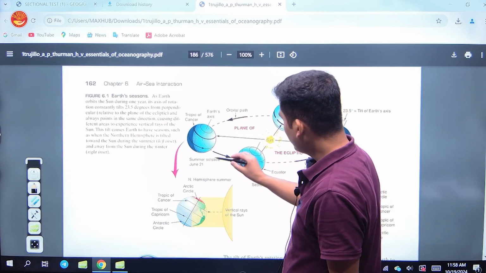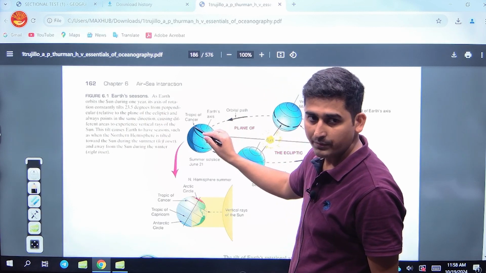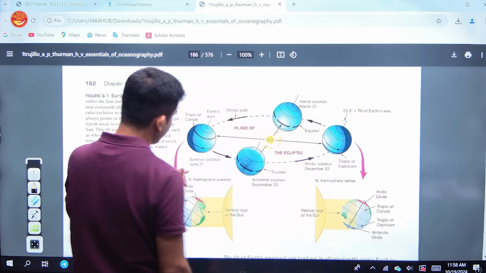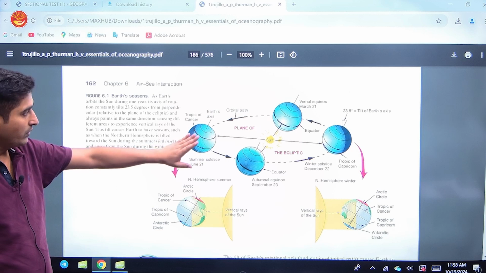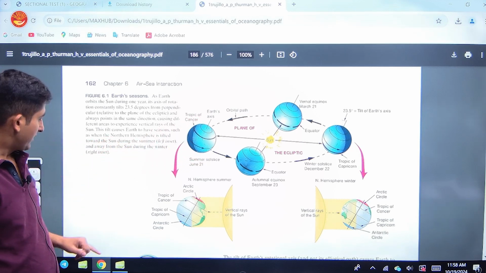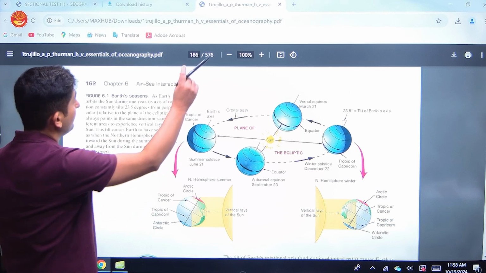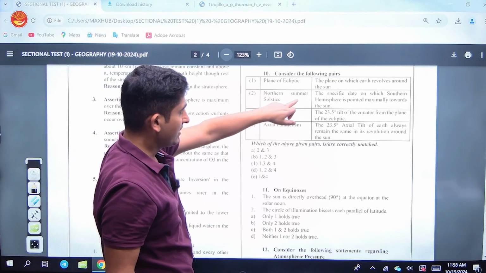So this is tilted towards the sun. This northern hemisphere, not southern hemisphere. Southern hemisphere is away from the sun. Northern hemisphere is maximally tilted towards the sun. So again, क्या था आपका? This was not correctly matched.